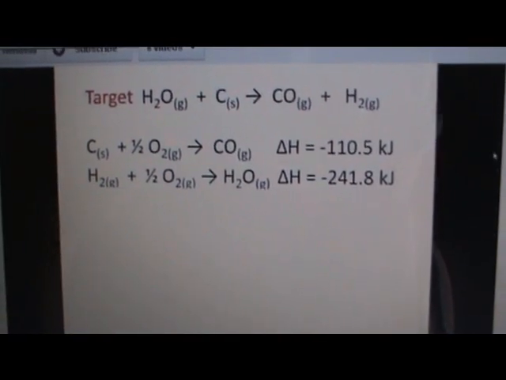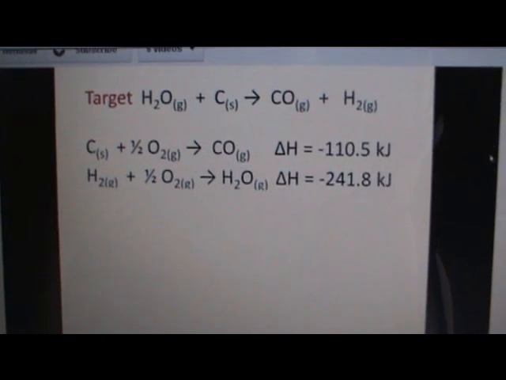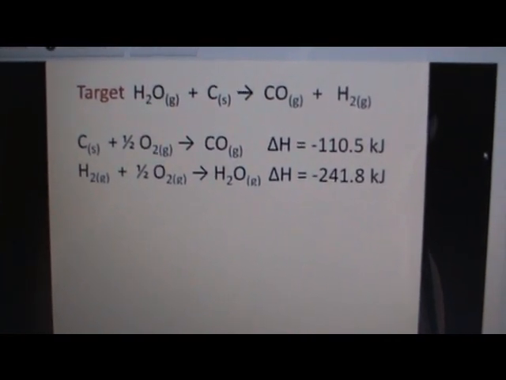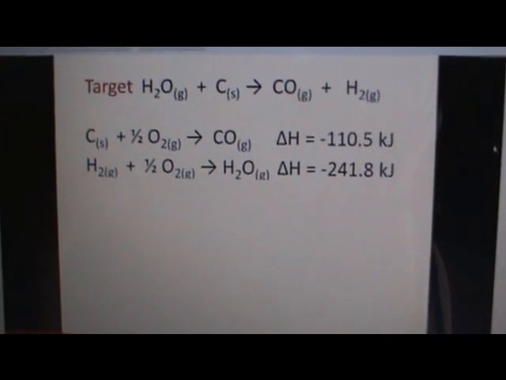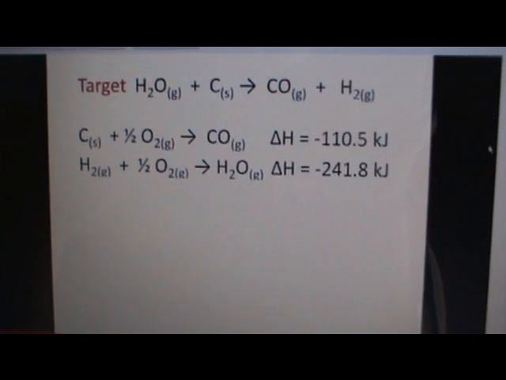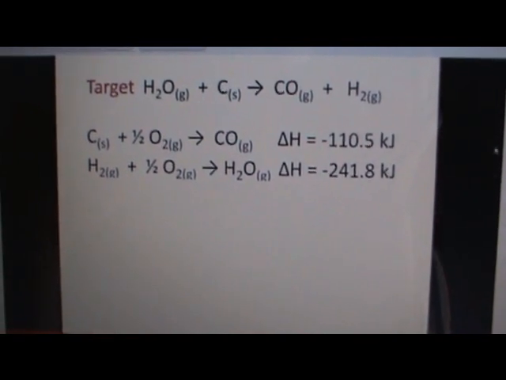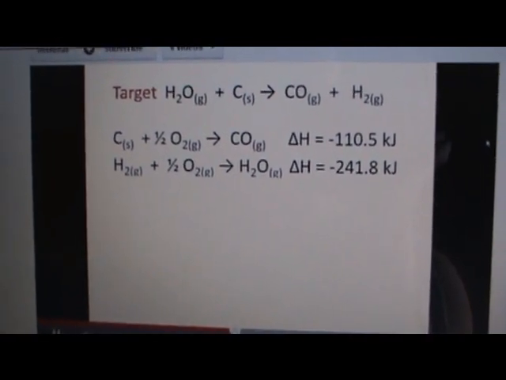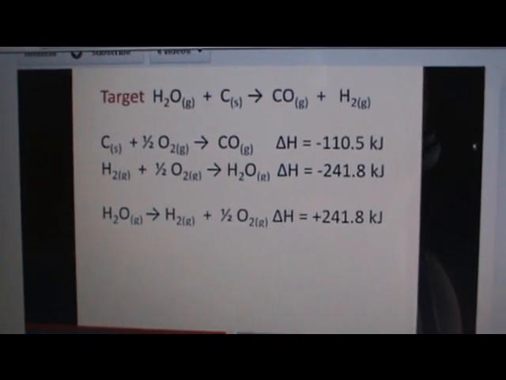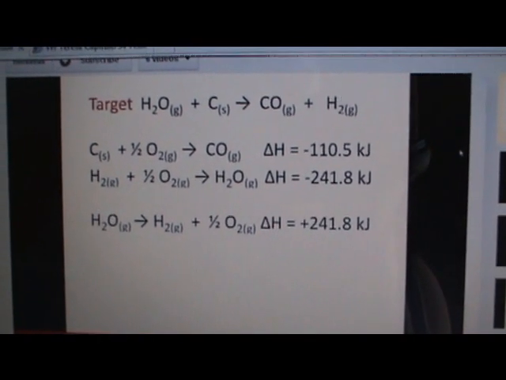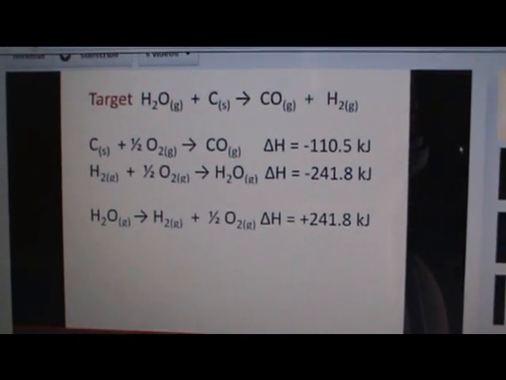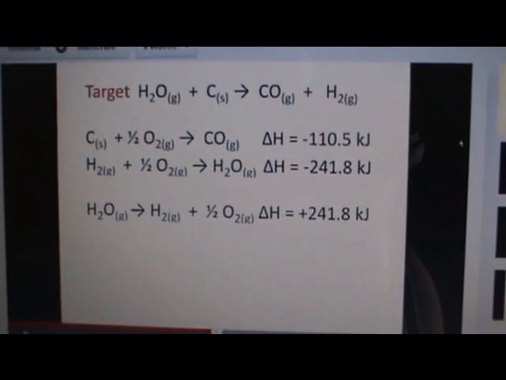But H2O on our target is on the left, and on the second equation it's on the right. So we have to flip it over, meaning we multiply the whole bottom equation by -1, making the second equation H2O gas yields H2 gas plus half a mole of oxygen gas, making its delta H positive 241.8 kilojoules.